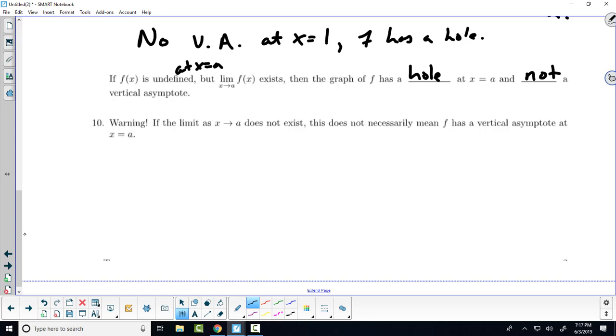That's the best generalization I can give you. Anything else would be a lie at some point. So if the function's not defined there, but the limit proper exists, then you've got a hole there. That's the best you can do as a generalization.